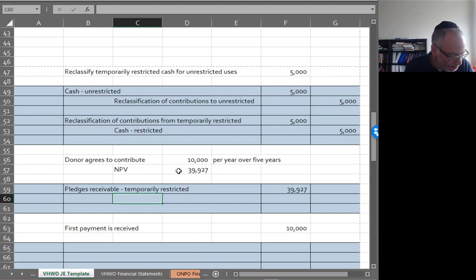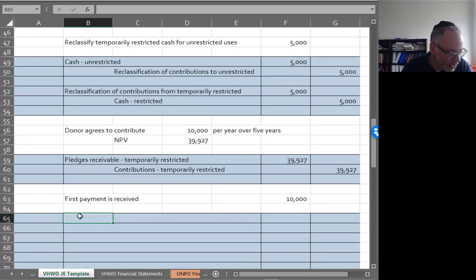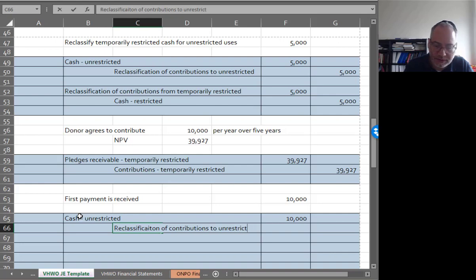Credit contributions, temporarily restricted, $39,927, and we receive the first payment of $10,000, so that's going to be cash unrestricted because we got the money. I'll credit reclassification of contributions to unrestricted of $10,000.